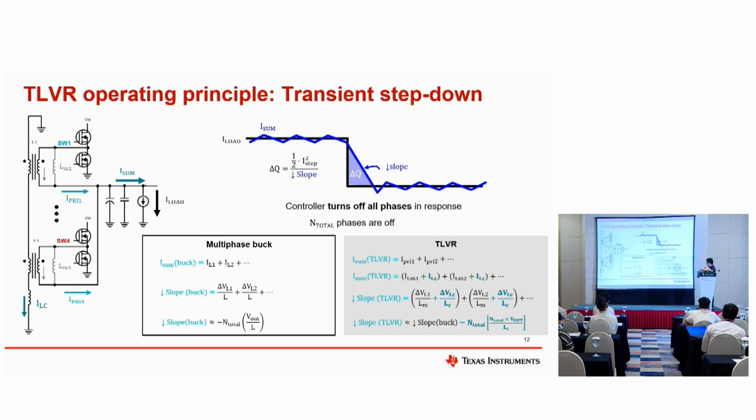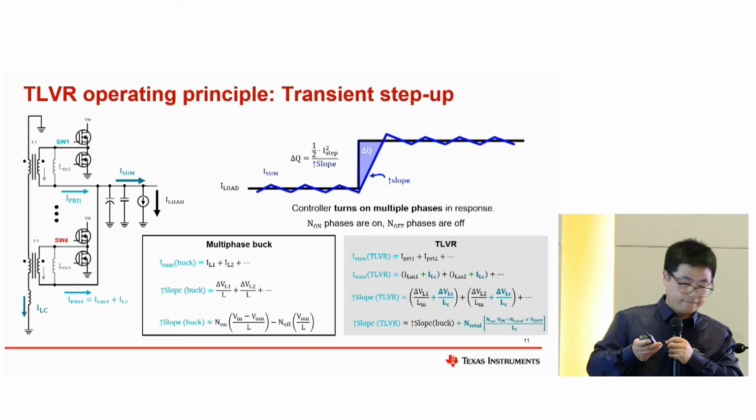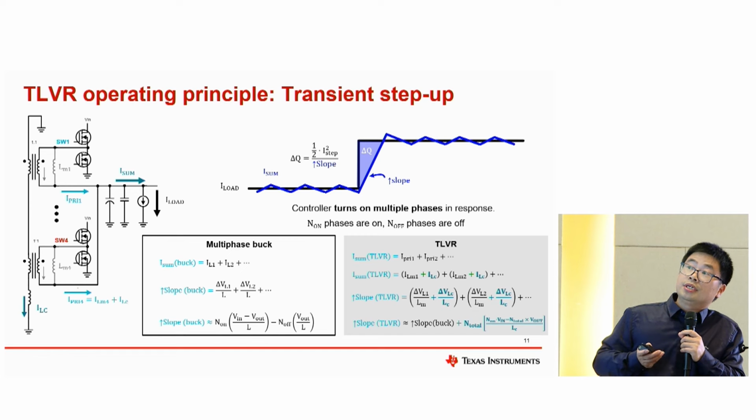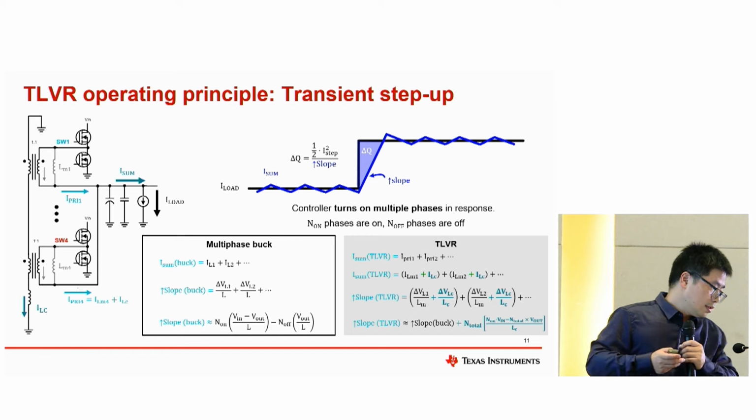When the load current is stepped up, what the controller will do is turn on as many phases as possible to respond to this load transient here. And for generality, we cast this as on-phase and off-phase here.